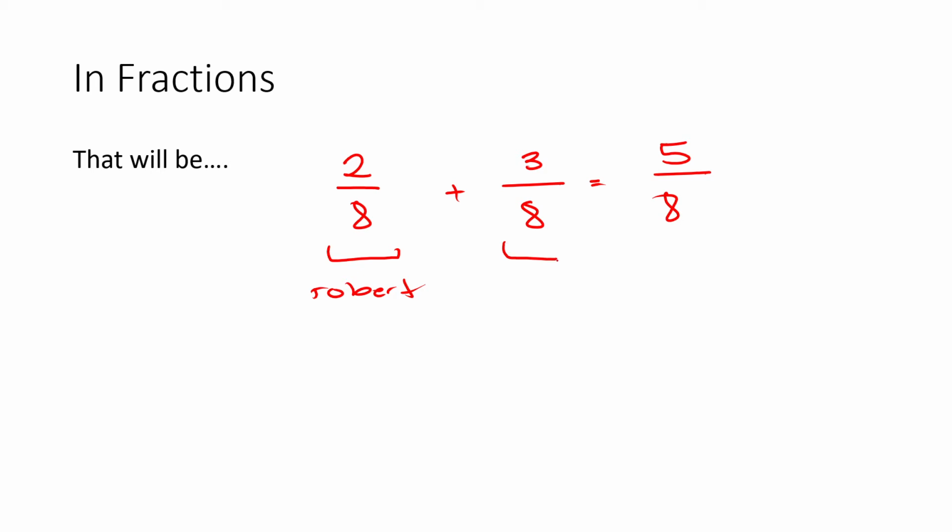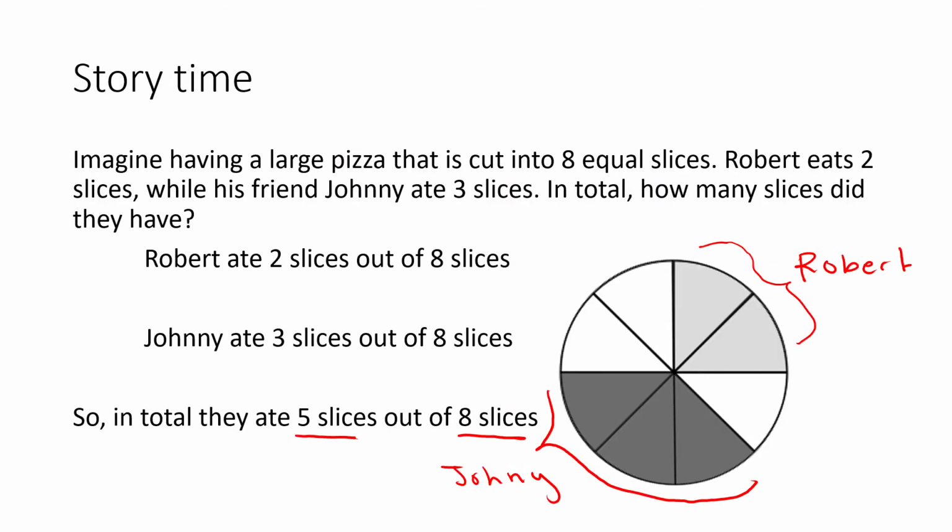So 3 out of 8 is Johnny, and 5 out of 8 is the total. You might say, yeah, that's pretty obvious, 2 plus 3 equals 5. However, this story actually tells us a lot of things.